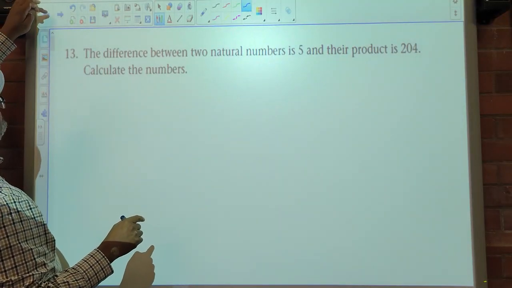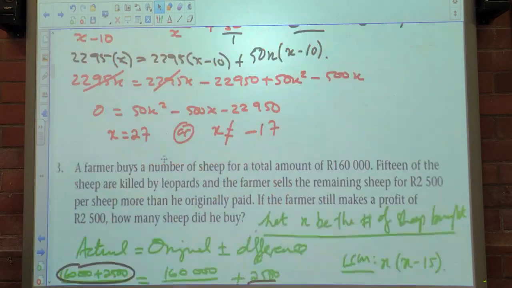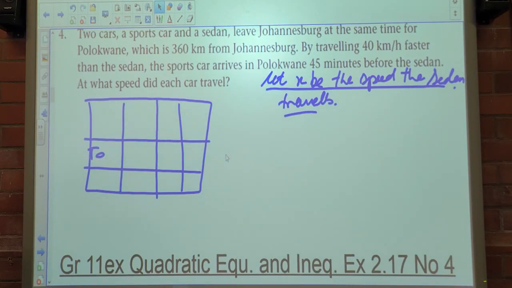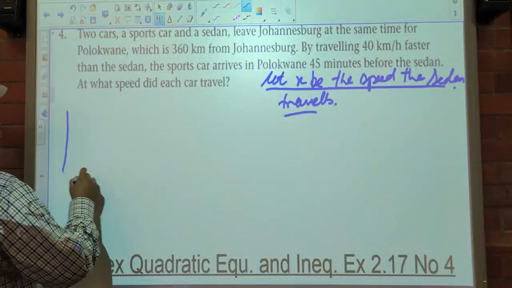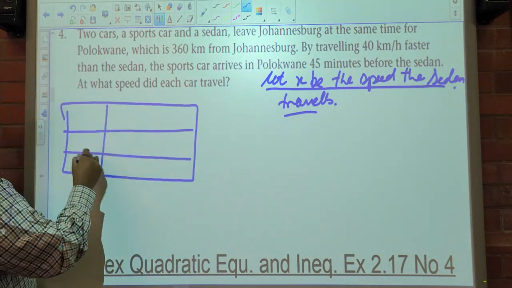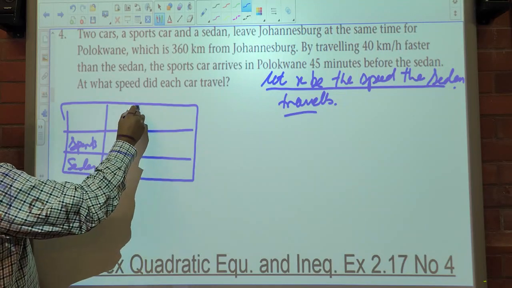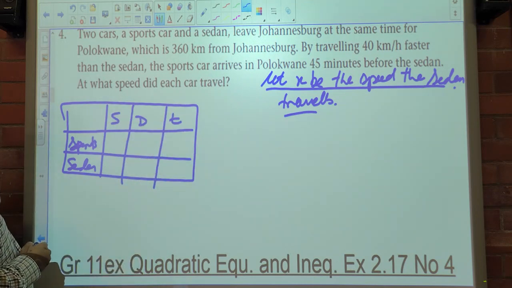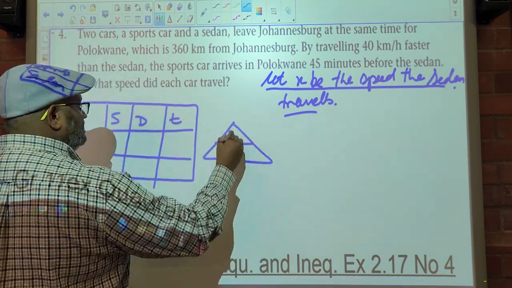We have speed, distance, time. What's the triangle? T on top is time.